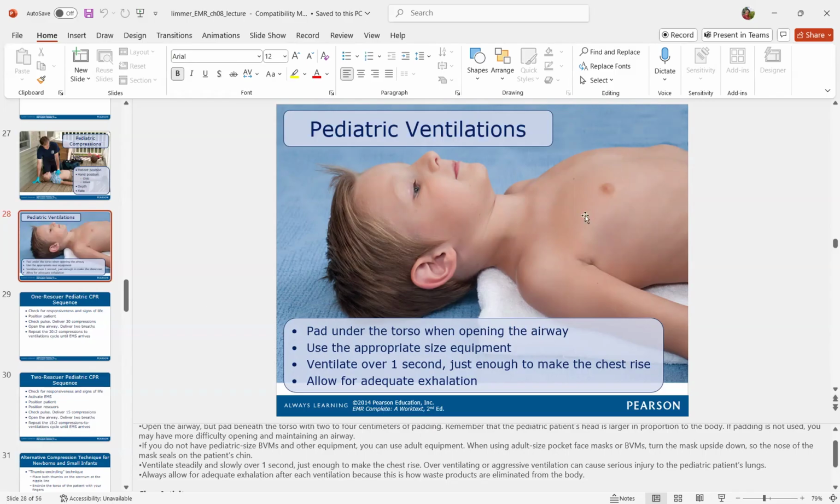We don't want to blow their little lungs apart. So we ventilate steadily and slowly over 1 second, just enough to get that chest rise. Overventilating or being aggressive with ventilations can cause serious injury to their lungs. Always allow for adequate exhalation after each ventilation, because we're trying to eliminate that waste product and get the carbon dioxide out.